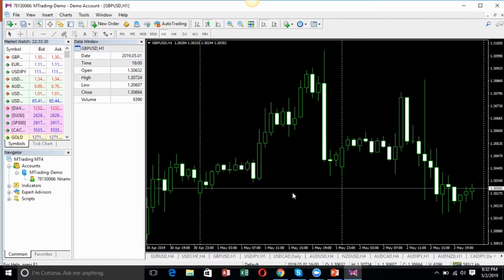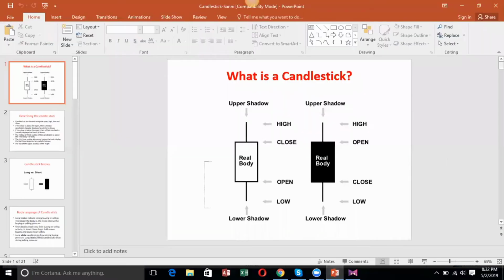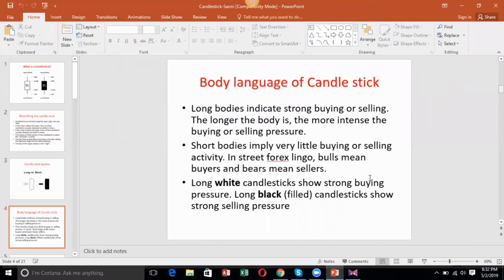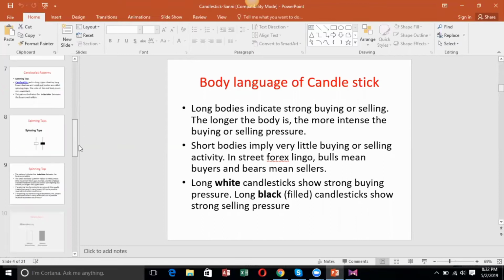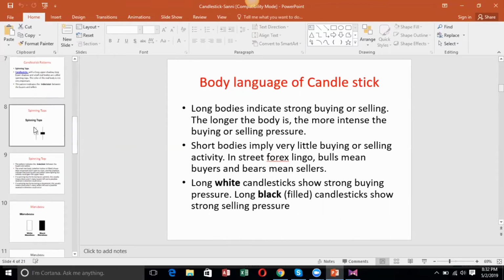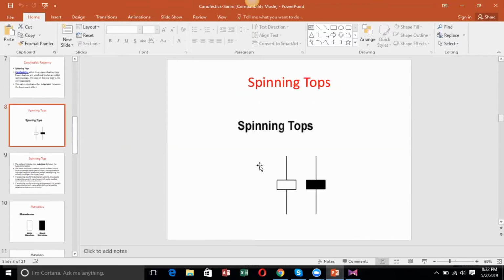One of the candlesticks we'll be looking at is the candlestick we call the spinning top. This candlestick is very effective. You can see the spinning top here.